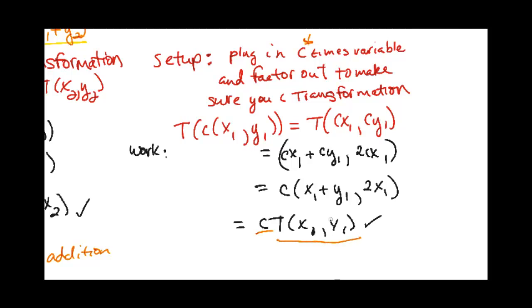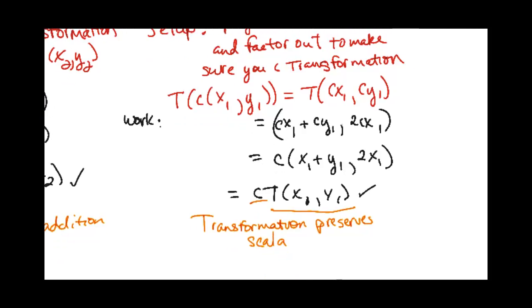So now we can say that the transformation preserves scalar multiplication. And because both were preserved under the transformation, you can say yes, it is a linear transformation.